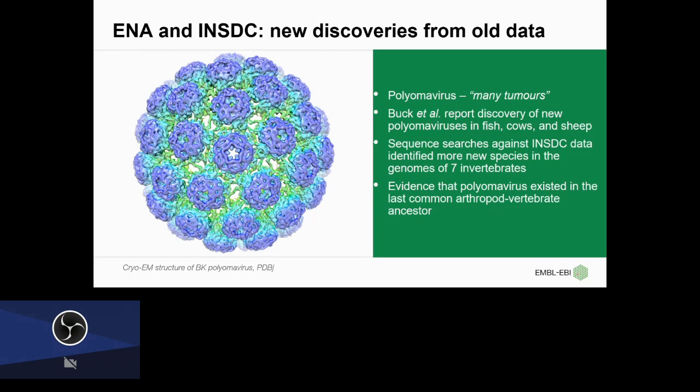Then they also did a sequence search against the INSDC database and identified more new species that people were not aware of but had submitted sequences anyway. In those sequences were the genomes for seven invertebrate hosts. This provides pretty strong evidence that the polyomavirus existed in the last common ancestor of the arthropods and the vertebrates. So old data can play new tricks and give new insights, enabling new scientific discoveries.